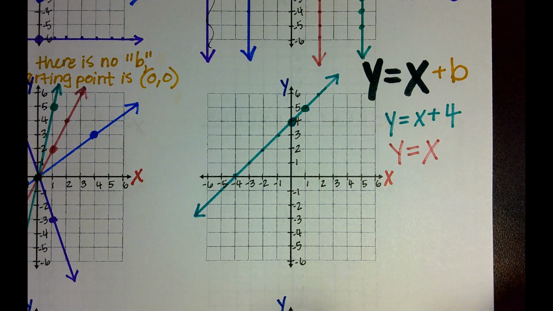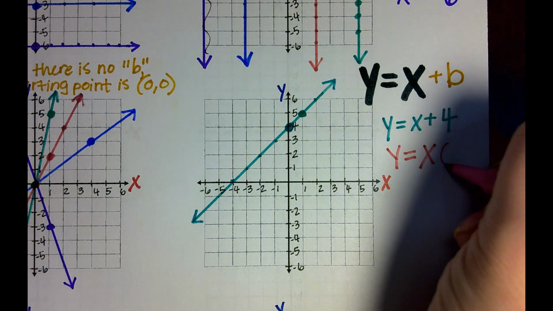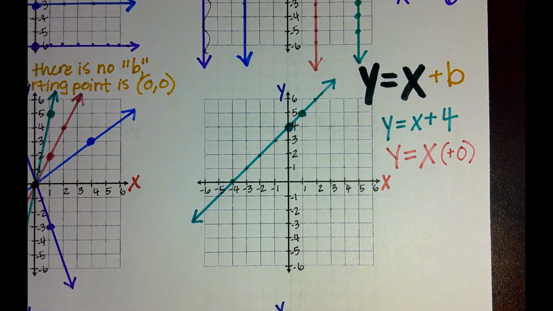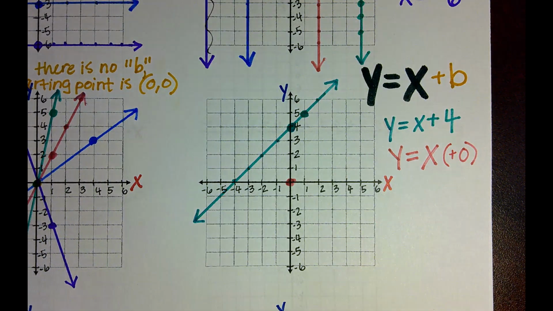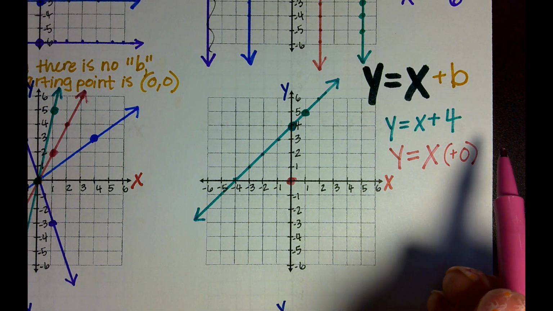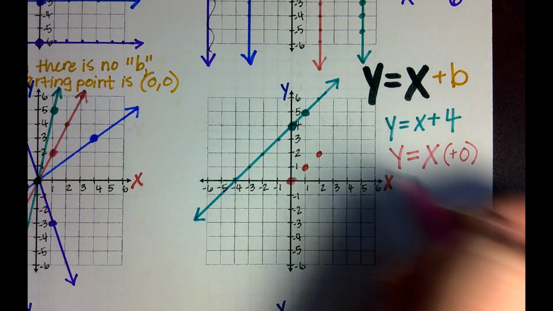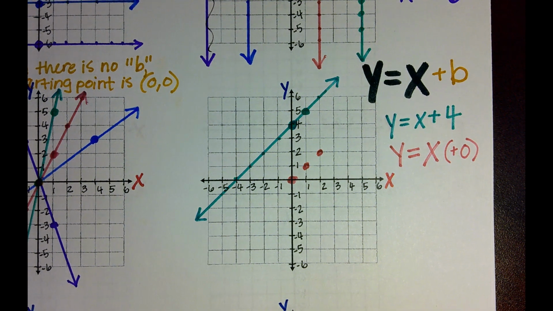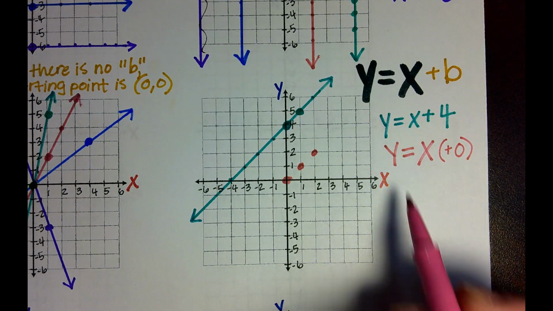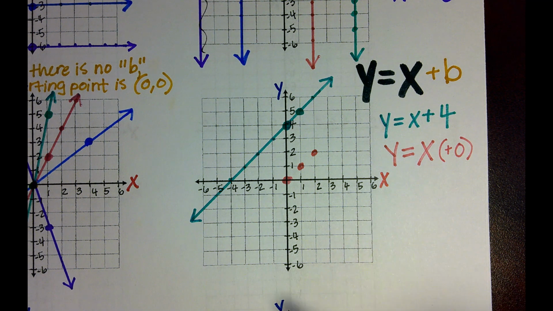Quick review, what would y equals x really mean? It's really x plus 0. I'm going to write in parentheses plus 0. So if I have y equals x, we know it's really x plus 0. Where would our starting point be? 0. And our slope? Up 1 over 1. Good. 0 is the magical number that can make letters disappear. If we don't have an x in our equation, then the number in front of x must have been 0.